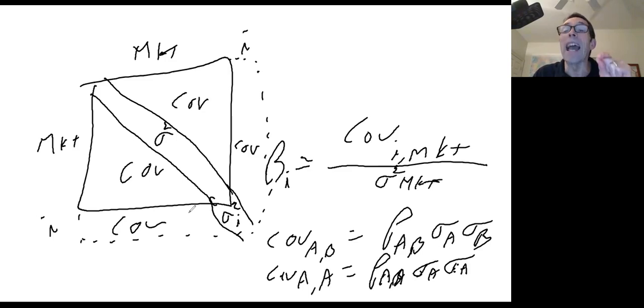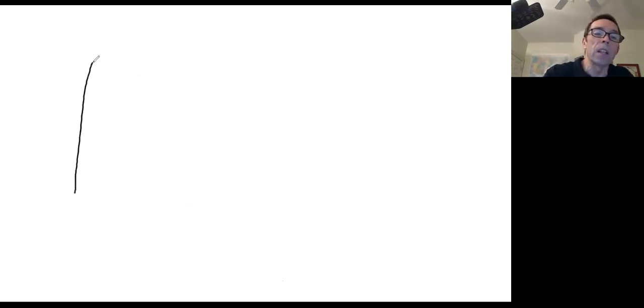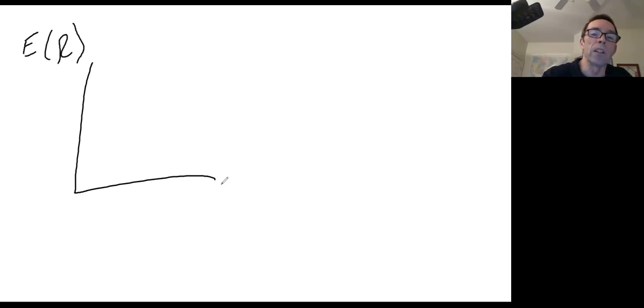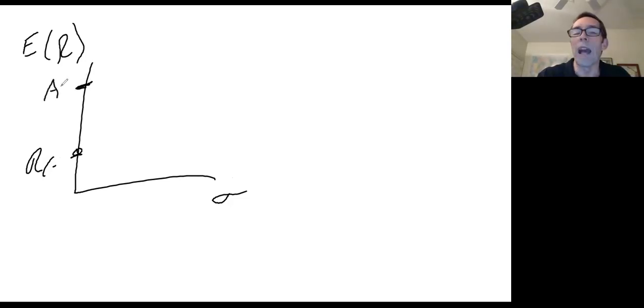Risk premium is the extra return you get for investing in an asset that has some risk associated with it. So let's take a look here to make sure we understand the risk premium idea. If this is expected return, again, mean variance based standard deviation, here is my risk-free asset, right? And here is the expected return, we'll just say of asset A. There's the expected return of asset A. Well, this right here is the risk-free rate.